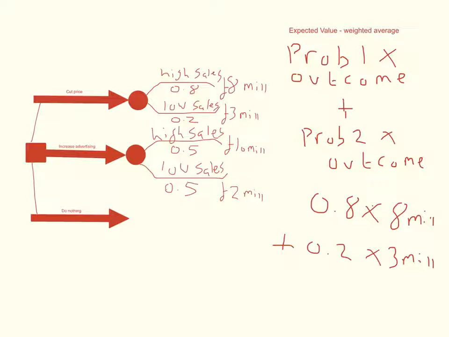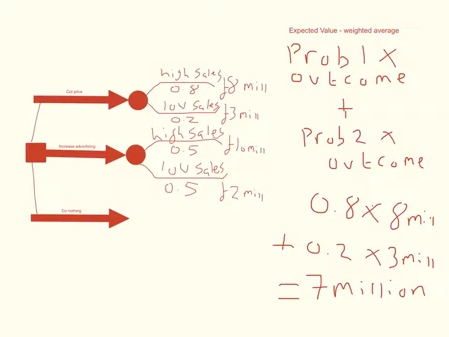So in this case it would be 7 million. So the 7 million is known as the expected value, the weighted average of this decision.